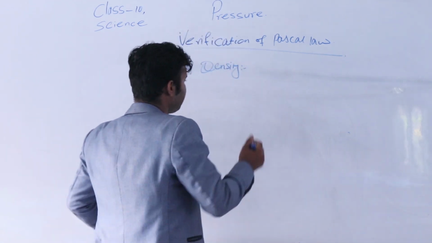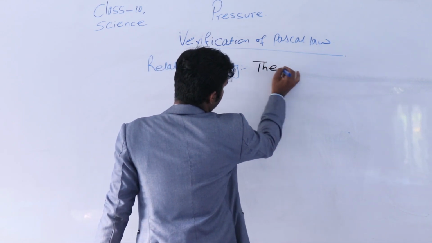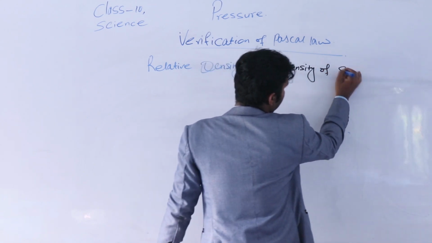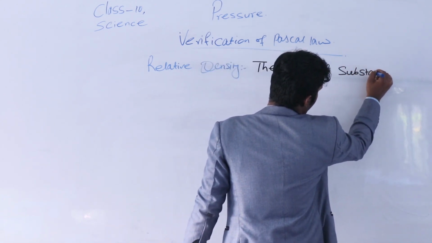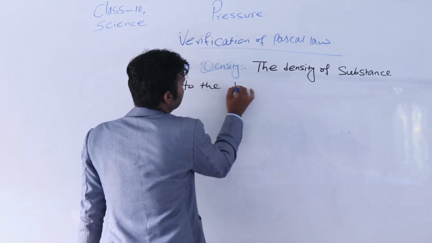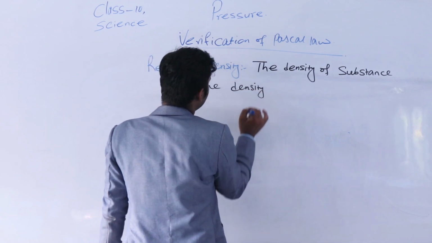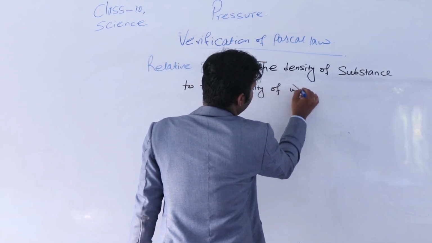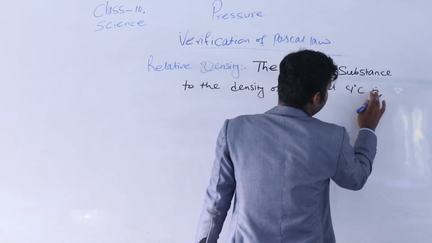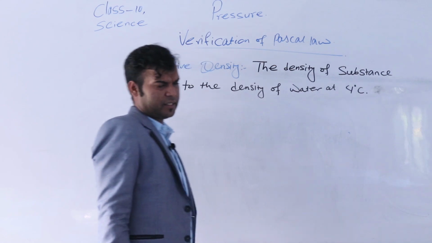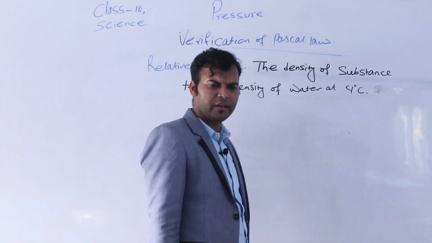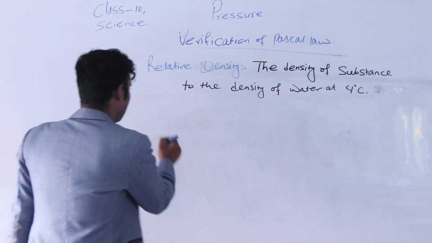The density of a substance to the density of water at 4 degrees Celsius. Relative density is defined as the density of a substance to the density of water at 4 degrees Celsius.